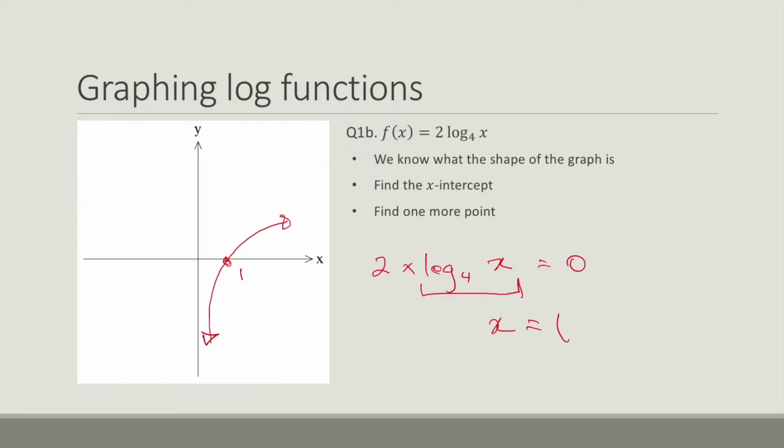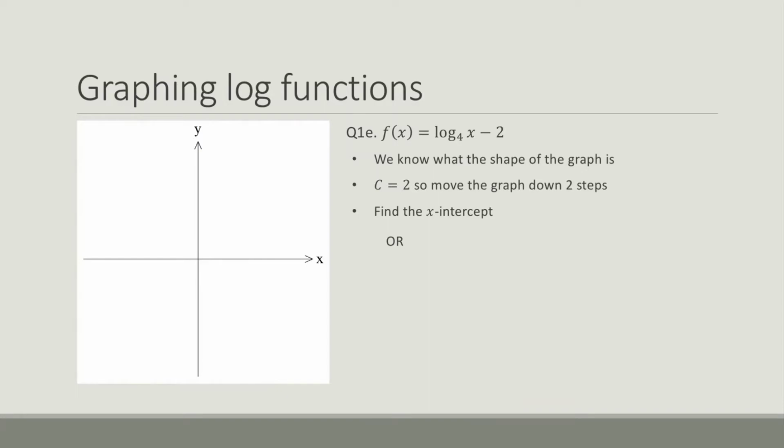Alright, we're going to find one more point. Find an easy point. So I'm going to do log 4 with the base of 4, which is going to equal 1, and times 2, so 2. So 2 and 4, or rather 4 and 2, is the other point.